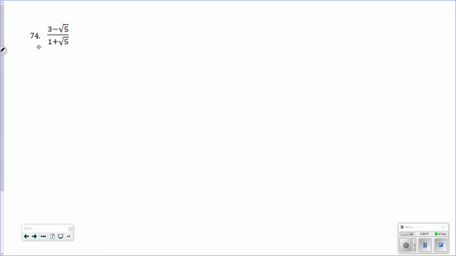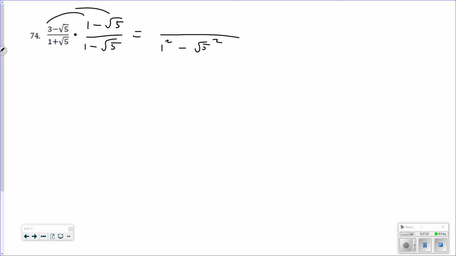All right, 74. We're going to rationalize this. You rationalize it by multiplying by the conjugate. On the bottom, it's a difference of squares, so you get 1 squared minus root 5 squared. On the top, distribute the 3. You get 3 minus 3 root 5.